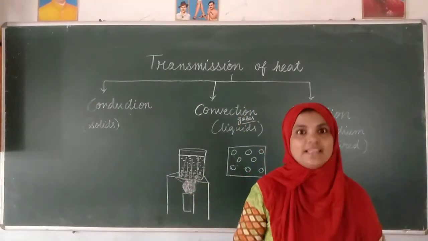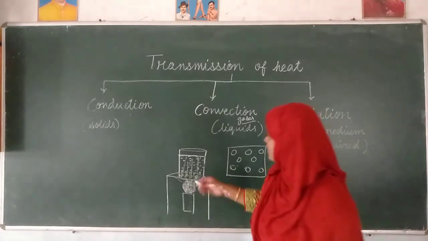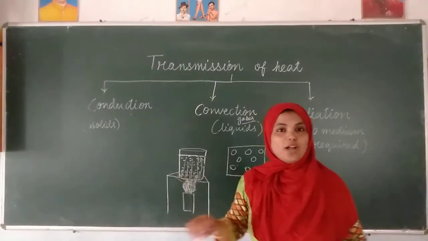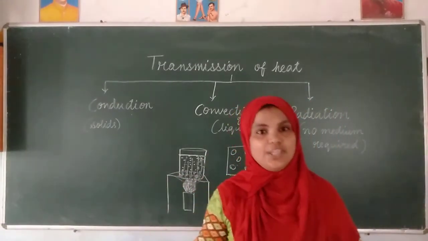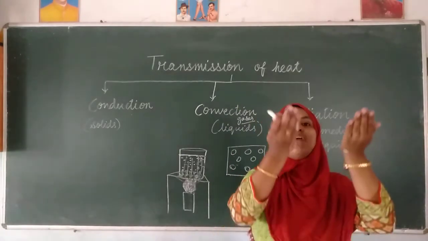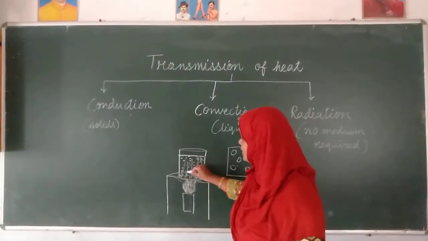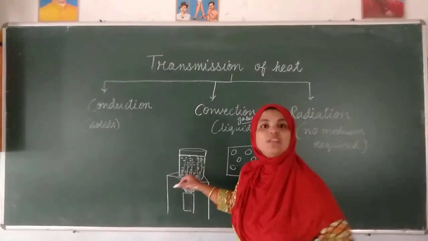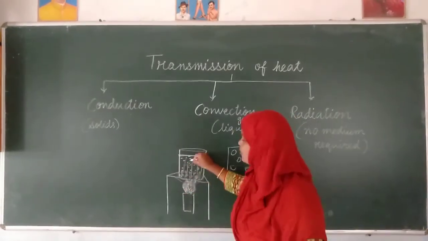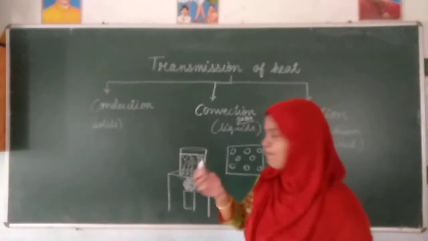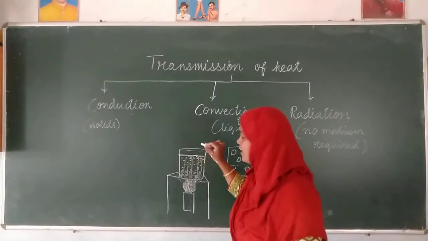They will take the heat energy again, become hot and again move up. This cycle continues. They take the heat energy, they move up, and the other molecules take their position and the cycle repeats.